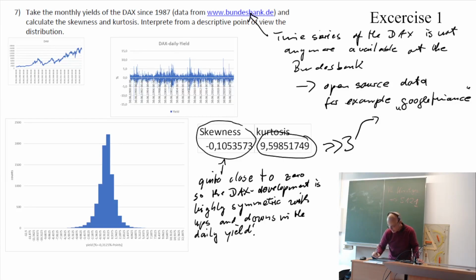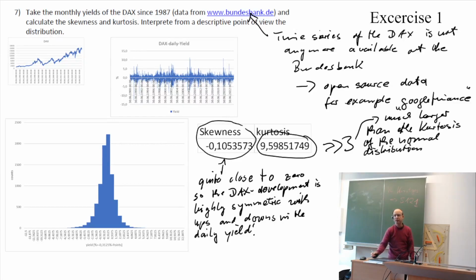So this is much larger than the kurtosis of the normal distribution. And how can we interpret this? That we have much more outliers than we would expect if we assume that the stock market performance would be like a normal distribution.